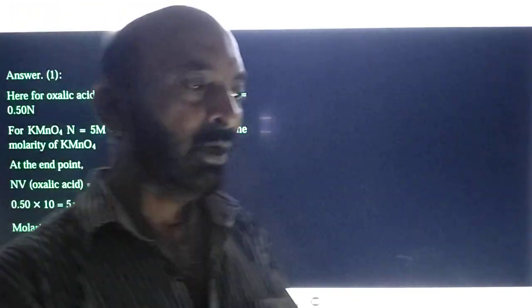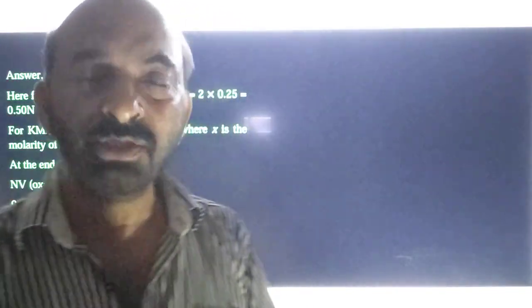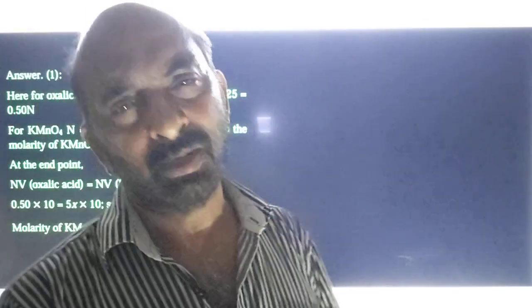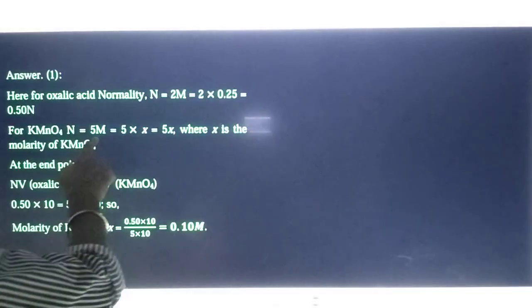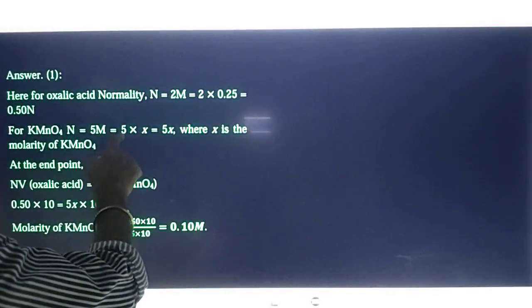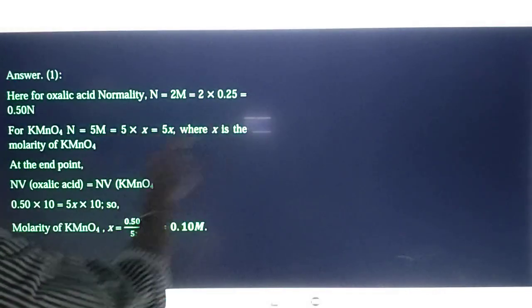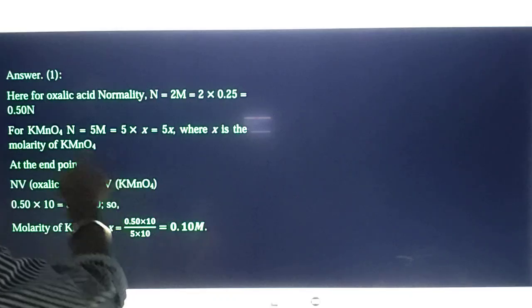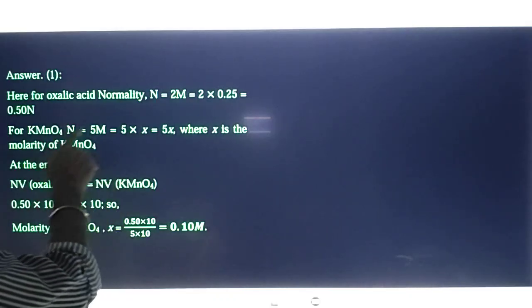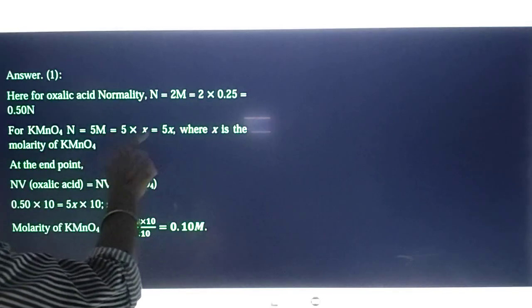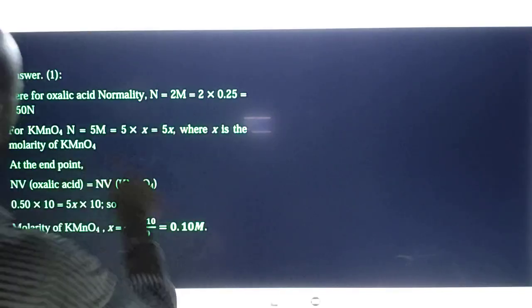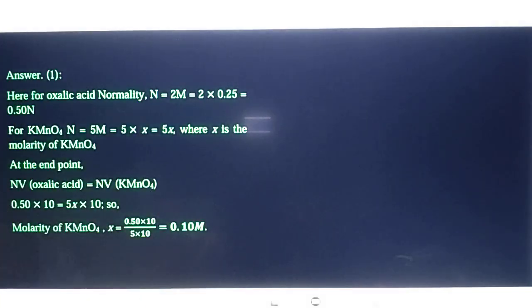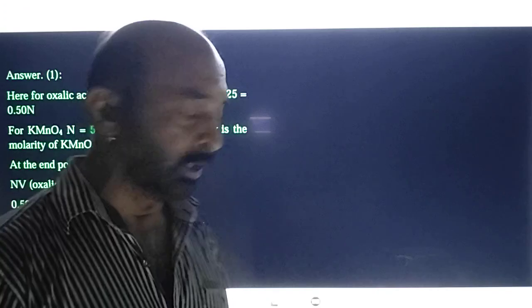In the question the molarity of the oxalic acid is given, which you convert to its normality by multiplying with the conversion factor 2. Again, for KMnO4, normality is equal to 5 times molarity, so 5 into x, where x is the molarity of the KMnO4. Potassium permanganate molarity you have to find out.